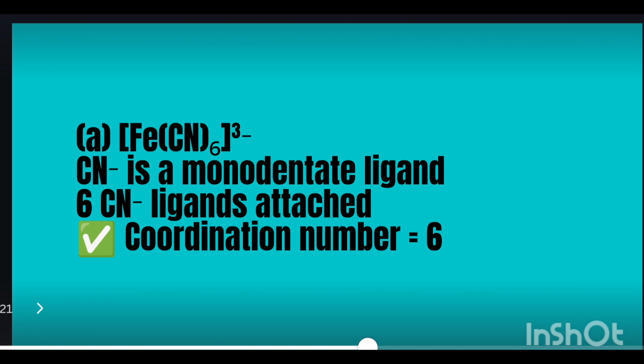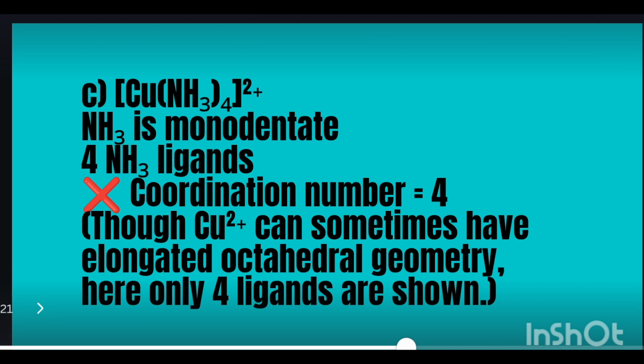And Fe(CN)6 3 minus. Here CN minus is a monodentate ligand, 6 CN minus ligands attached. So coordination number is 6. Next is Cu(NH3)4 2 plus. NH3 is monodentate, 4 NH3 ligands, so coordination number is 4. Though Cu2 plus can sometimes have elongated octahedral geometry, here only 4 ligands are shown.